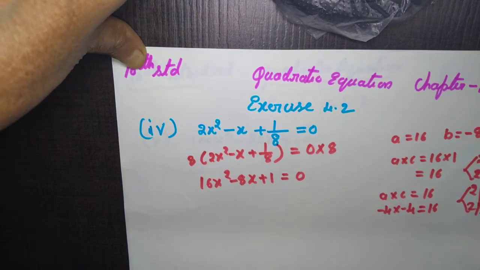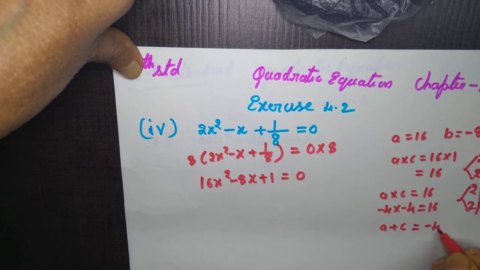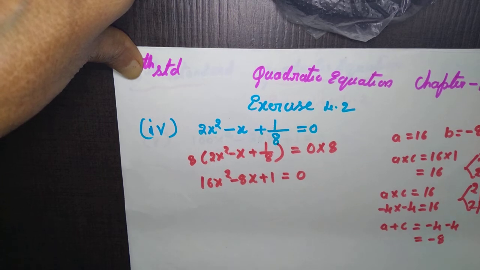And if we add these two, minus 4 and again minus 4, that will become minus 8. We got the middle term.